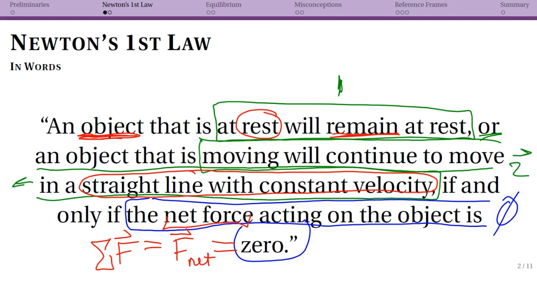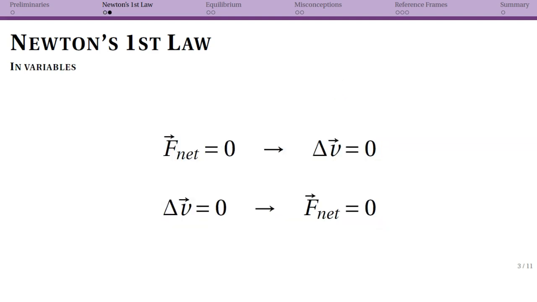So let's look now at what this actually means in terms of some symbolic notation. Now, this is much simpler. There's much less here. So again, we're saying if F net is equal to 0, the sum of all forces is equal to 0, then, and I'm not using fancy logic notation, I'm just using a right arrow, the change in velocity is equal to 0. And remember that this delta means change in, and here I've made it clearly the velocity vector.